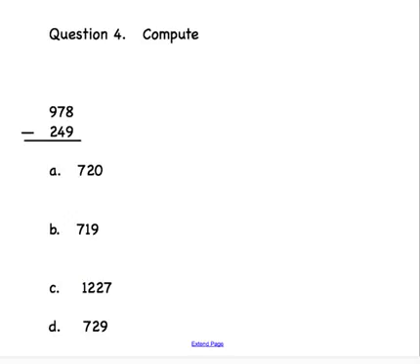And question 4. Again, please write the problem in your journal showing your work so that your teacher can see how you're figuring out 978 minus 249. You will get A. 720, B. 719, C. 1,227, or D. 729.